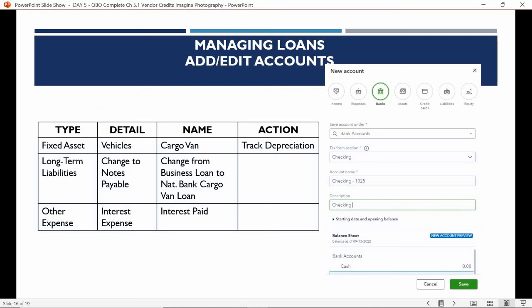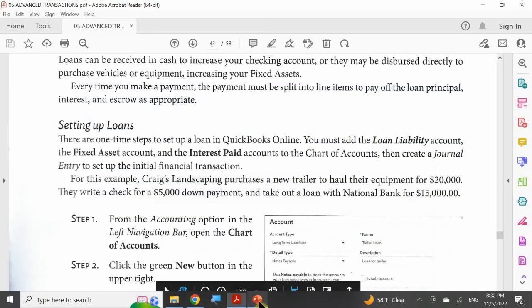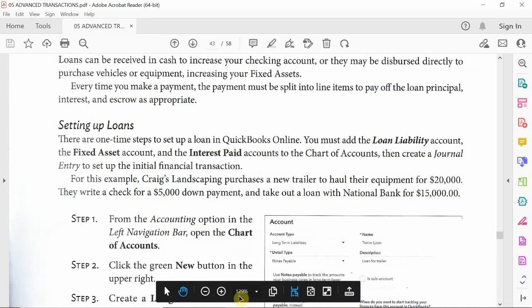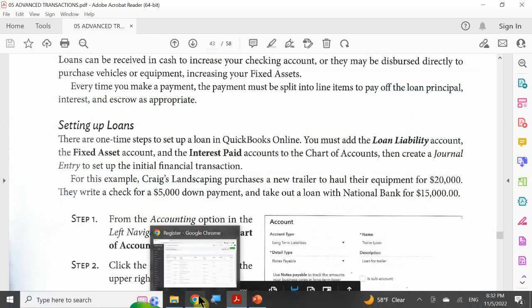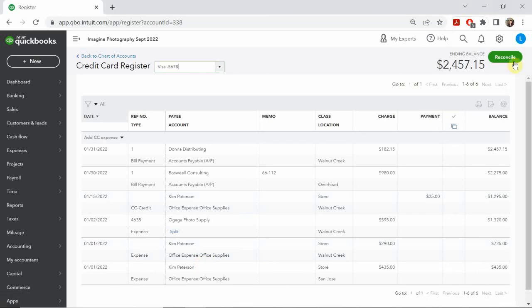First we need to set up a few accounts on our chart of accounts. The first one is going to be a fixed asset, which is going to be your vehicles account for the cargo van. So let's create these accounts in your chart of accounts so we can have them readily available for our loan.